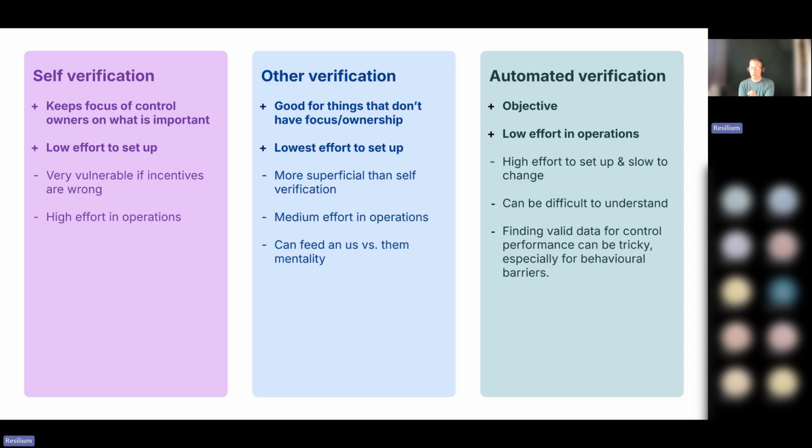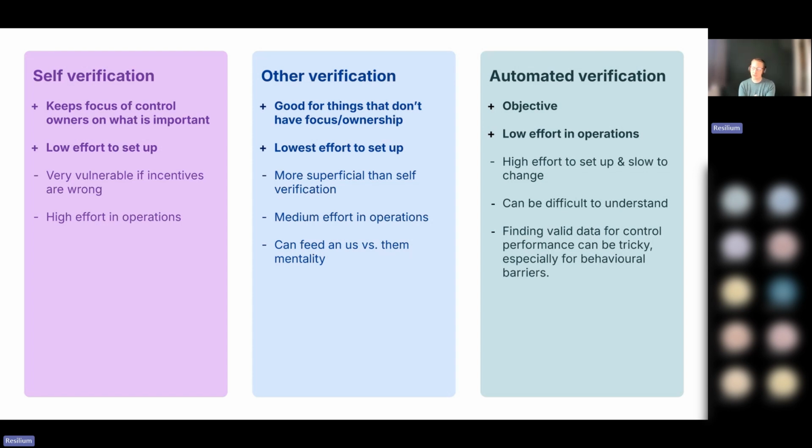The last one, automated verification, we can very quickly leave off for now, because doing automated verification, like some type of calculation, for behavior is very tricky. This type of verification is more often used for technical barriers, where you have some actual data being fed to some database, and you can do calculations on it.